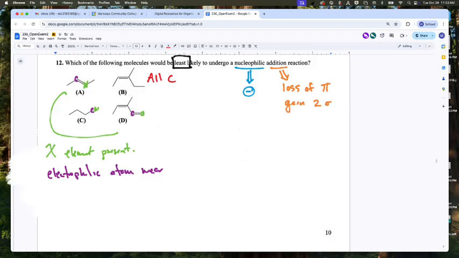Okay, so if we now consider that as truth information, we can start to see why potentially maybe some of these answer choices were placed there. If the first thing you're looking for is a loss of a pi bond, what's your answer choice? Maybe C. Maybe C, because you don't see the pi bond.